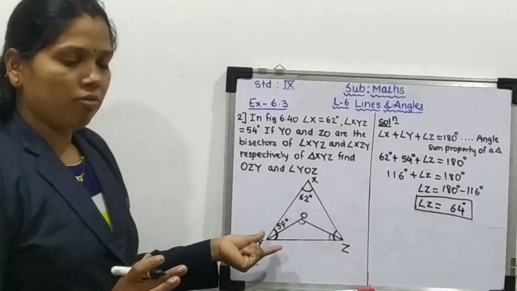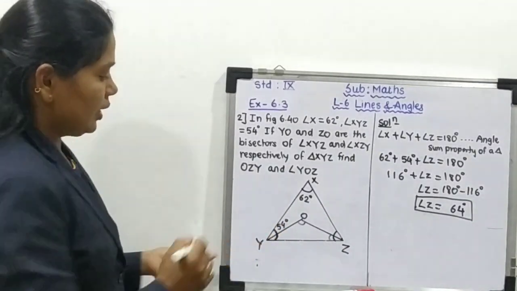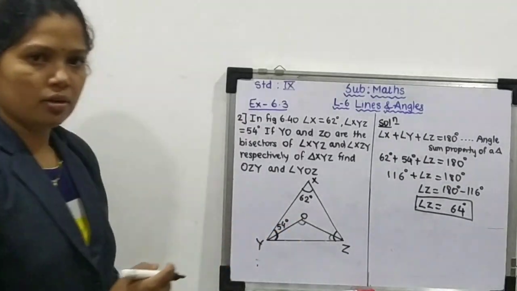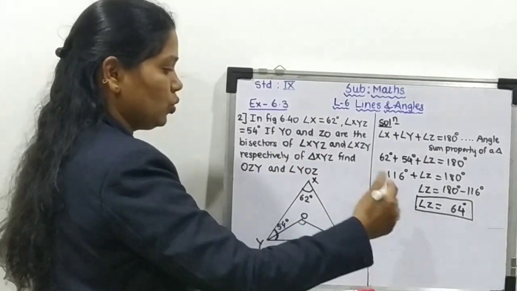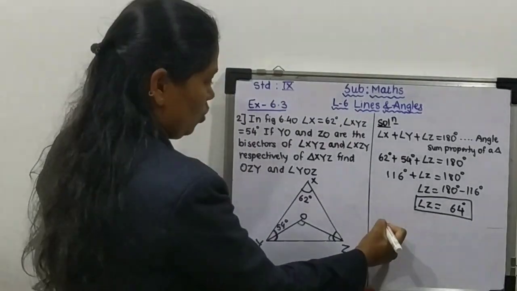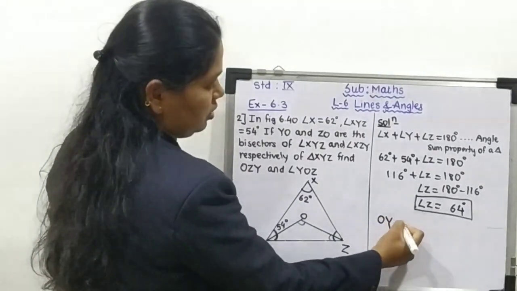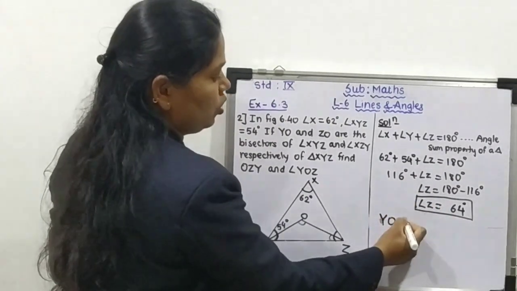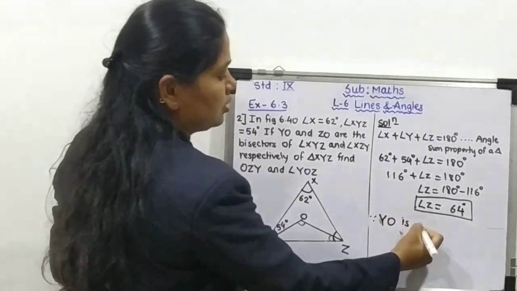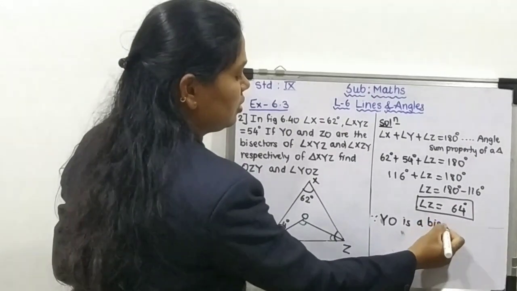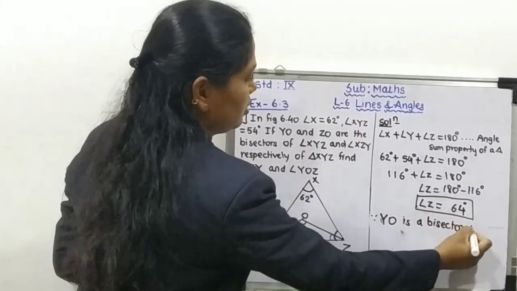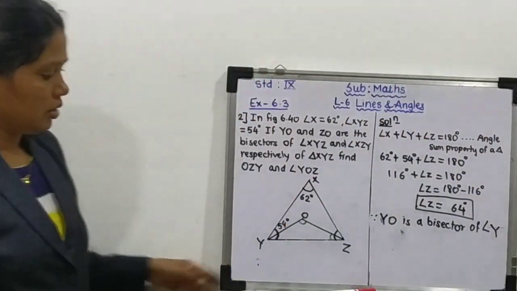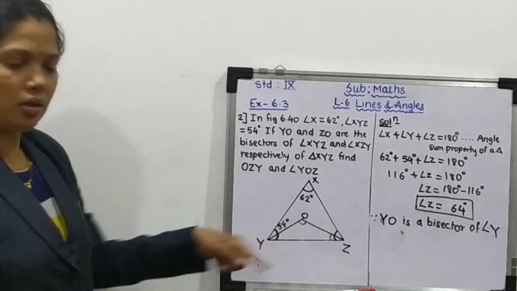Now angle Y as we know 54. Can I have this angle OYZ? Yes. As we know that YO is a bisector of angle Y, the whole angle Y की bisector है.